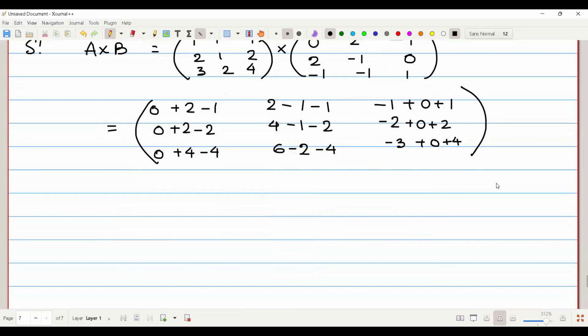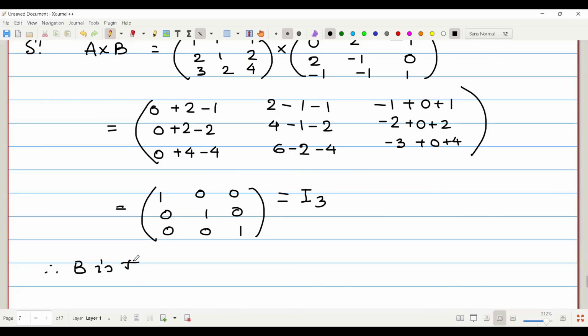So the result is obviously an identity matrix, equal to I3. Hence we can say B is the inverse of A, and vice versa.